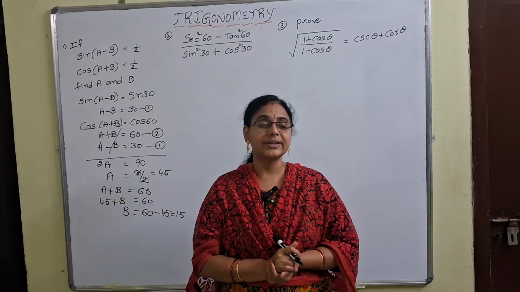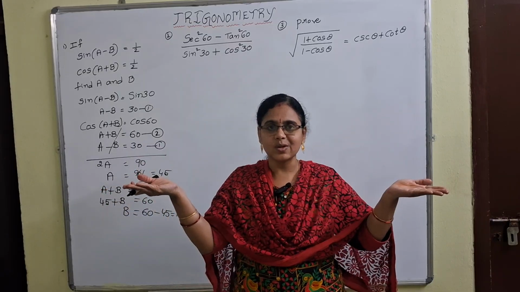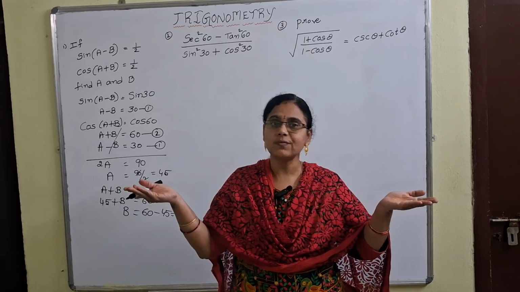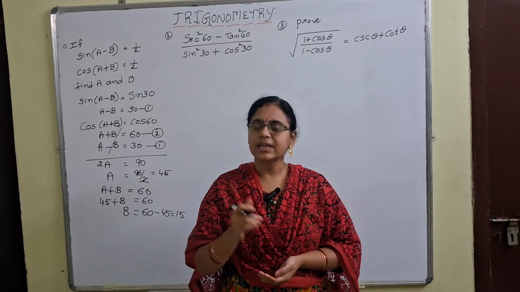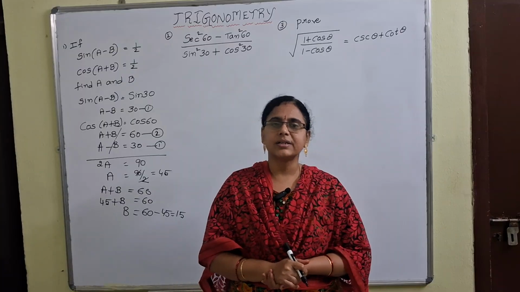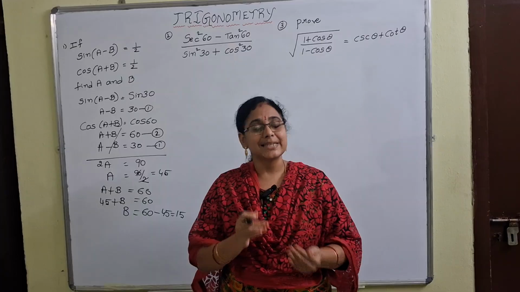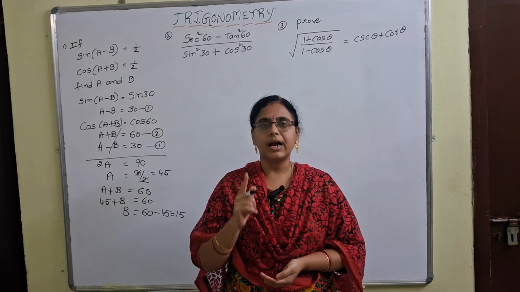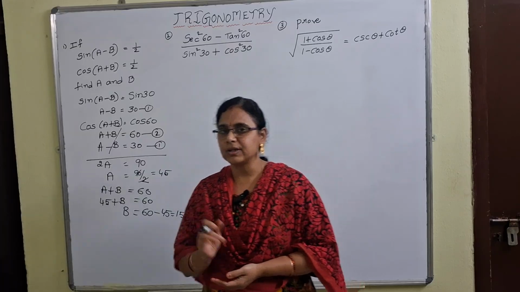The remaining part you write as an equation. Suppose he gave cos, you write in terms of cos. Suppose he gave tan, here also you write in terms of tan. Then you will get two equations. Solve the two equations either by adding or by subtracting, then one of the terms will be eliminated. The second one you get by substituting in any one of the equations. Then you will get the values of A and B. Clear? So, a sure board question, keep it in your mind.